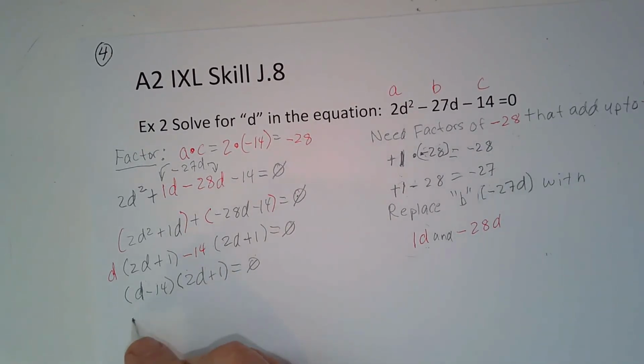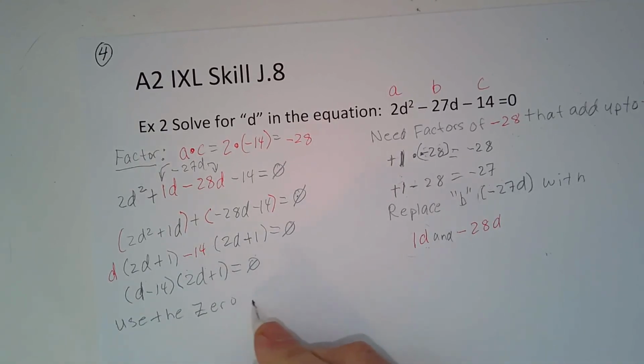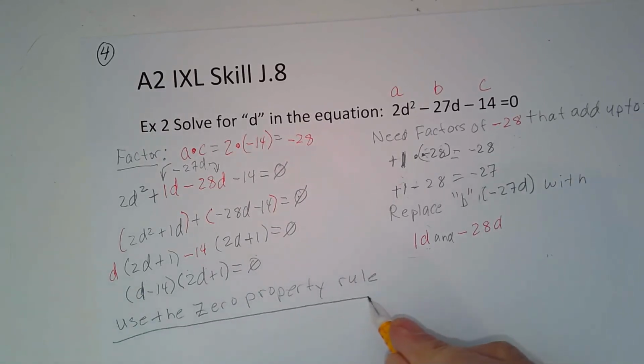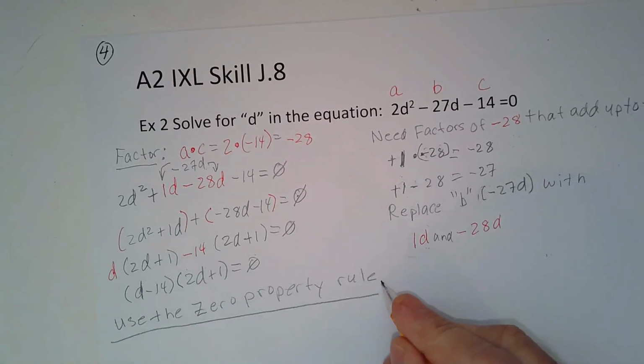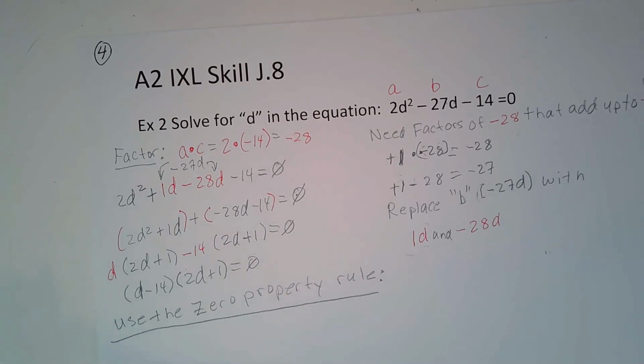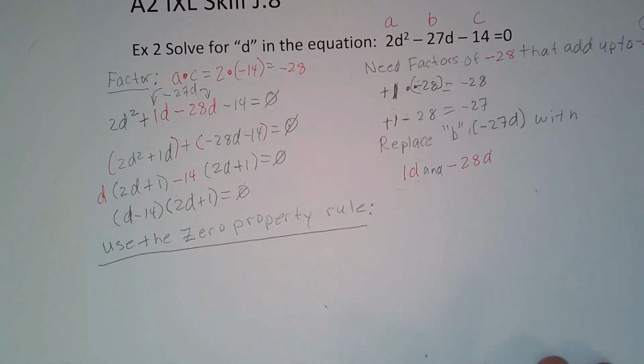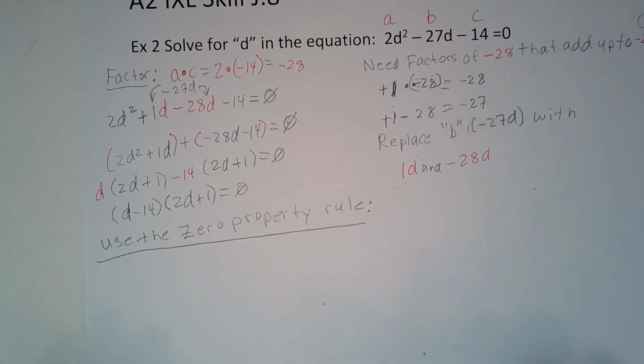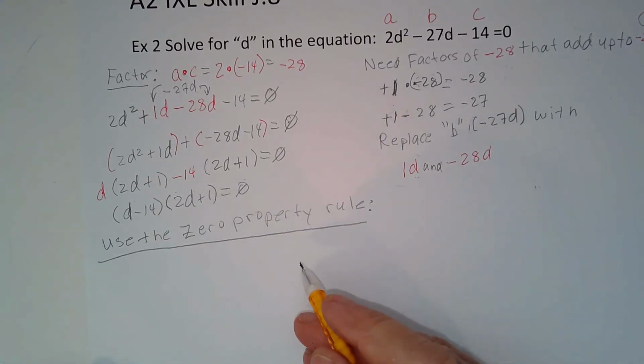Now we're going to use the zero property rule. And again, it's really to find what x is when y equals 0, but I wrote it on my previous page, and so I'm just going to leave it simply like this.